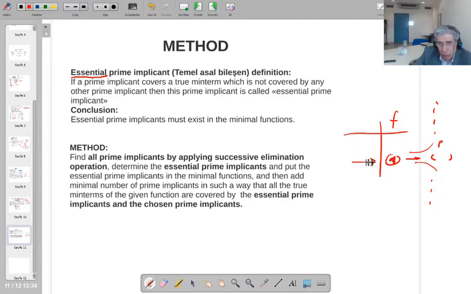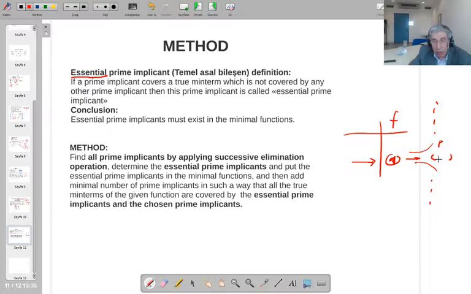For this row, function value is 1. If this one is covered by a product term, a prime implicant, and this one is not covered by any other prime implicant, the other prime implicants do not cover this one. Only this prime implicant covers this one.